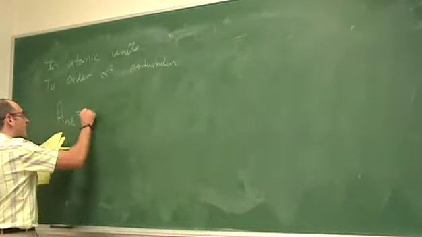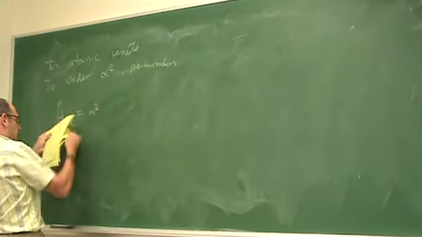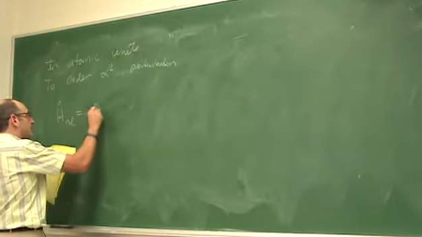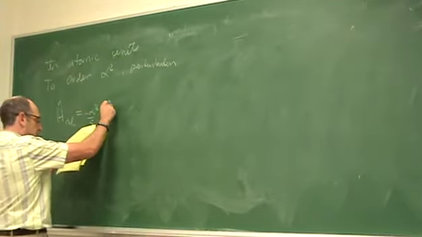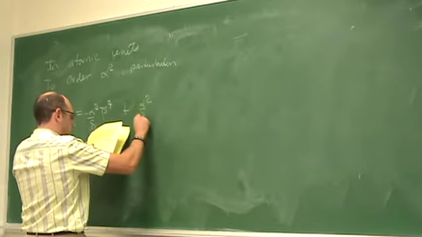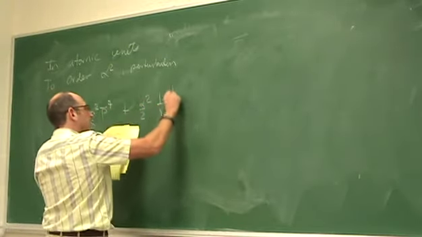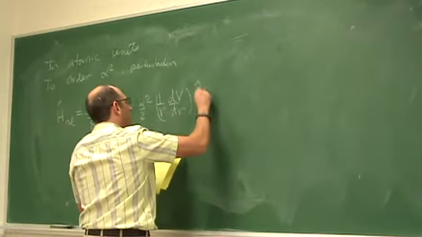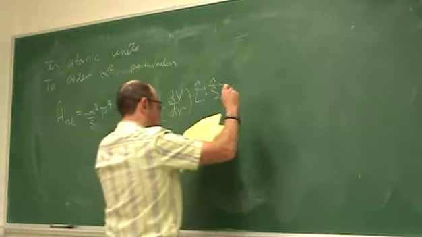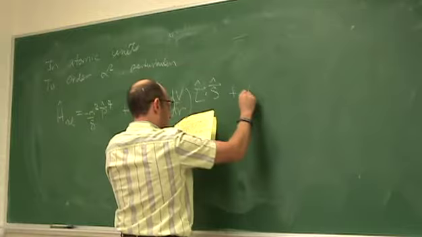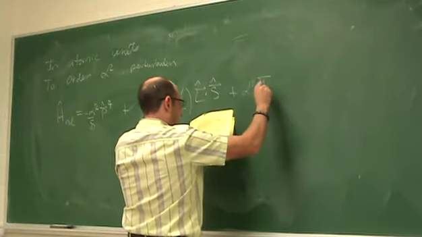It should all be written with alpha, but in atomic units it's alpha squared over 8 times p to the fourth, plus alpha squared over 2, 1 over r dV/dr, L dot S. This is all operator, plus alpha squared times pi over 2 times the delta function.